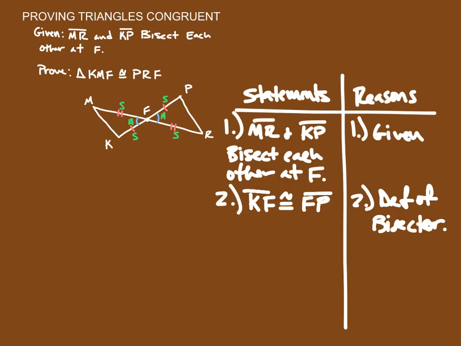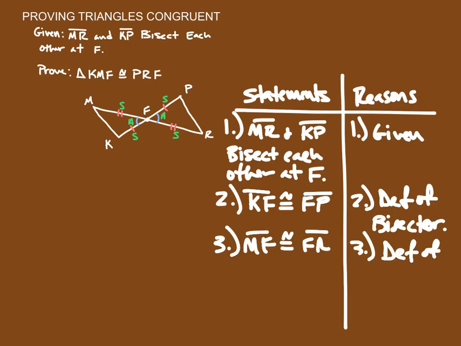The third thing I can say is that segment length MF is congruent to segment length FR, and the reason is the same, the definition of a bisector. I'm using the fact that these bisect each other to draw these conclusions that those segments are congruent.